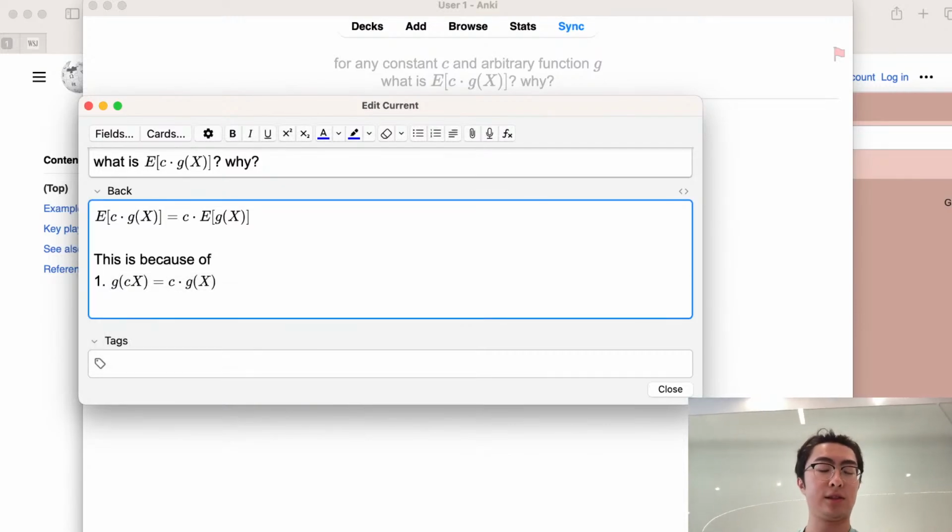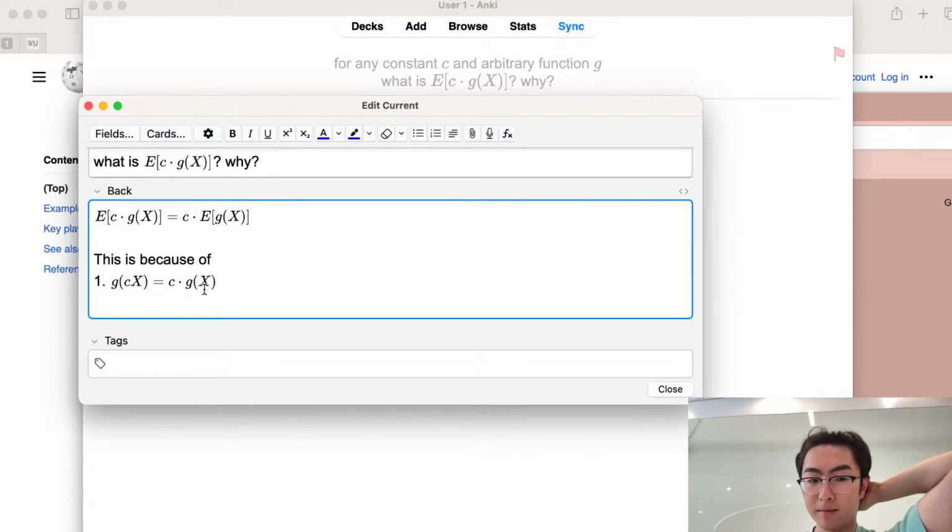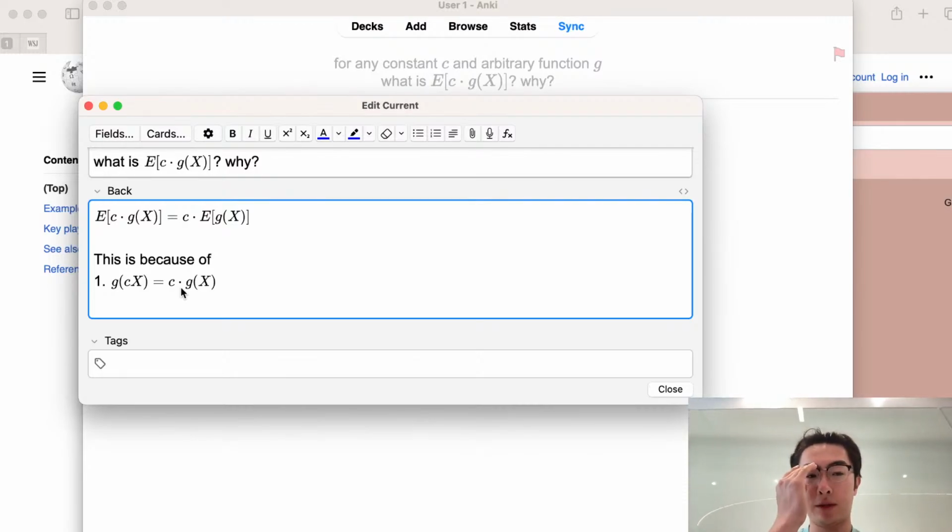I think this is the big idea, right? Because this constant is the same as scaling a random variable within our function, or also just scaling the output of our function.